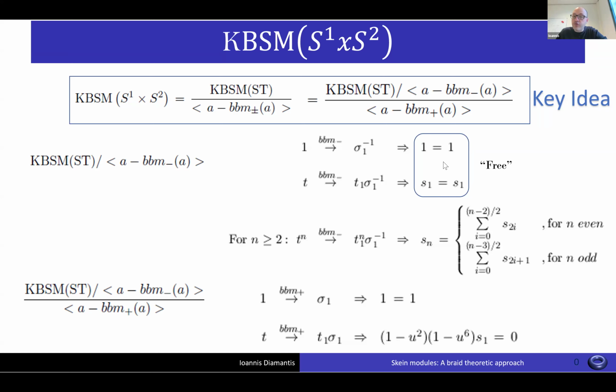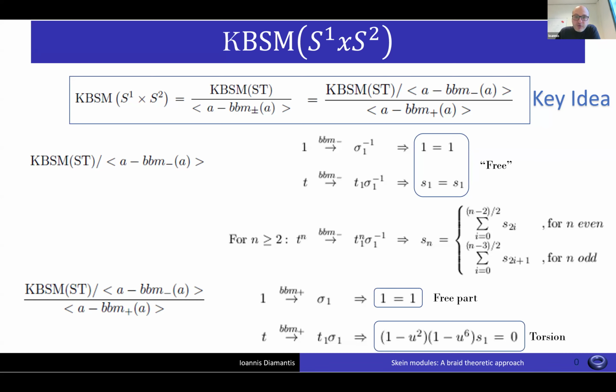And then I take these two elements and I try to see the effect of a positive band move. And again, I see that for the affine unknot, there is nothing. So this is the free part of the Kauffman bracket skein module of S1 cross S2. But for the loop generator, I found that it generates torsion. So this is the torsion part.